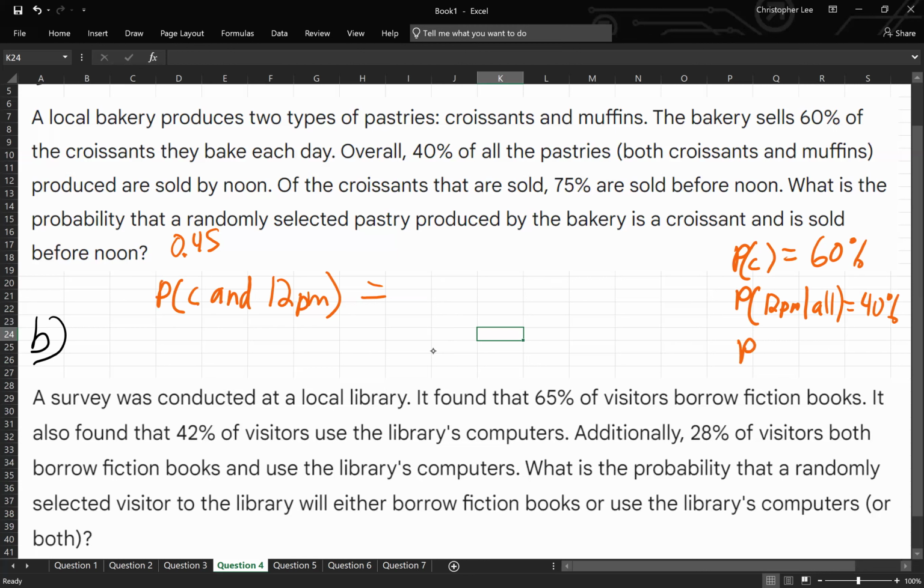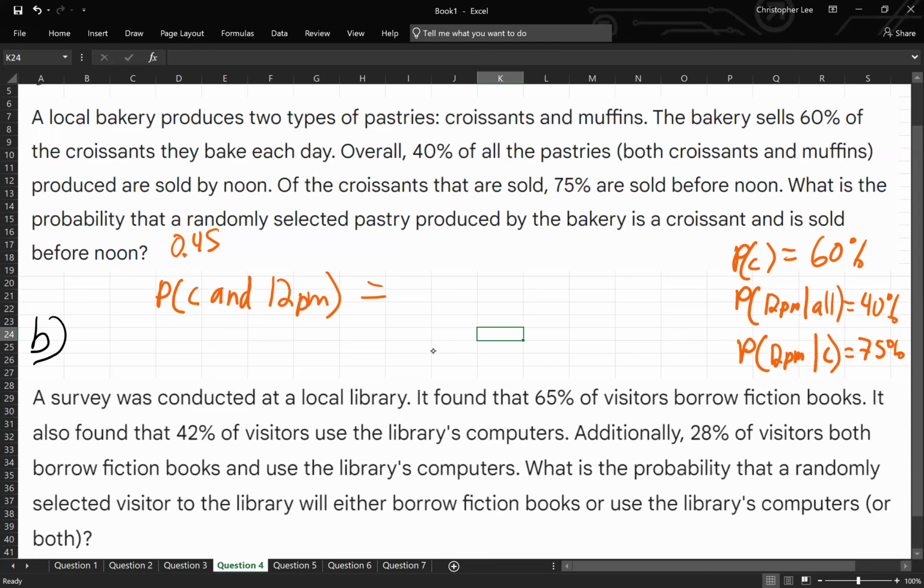And we're given the probability of 12 p.m. given croissant, which is the 75%.